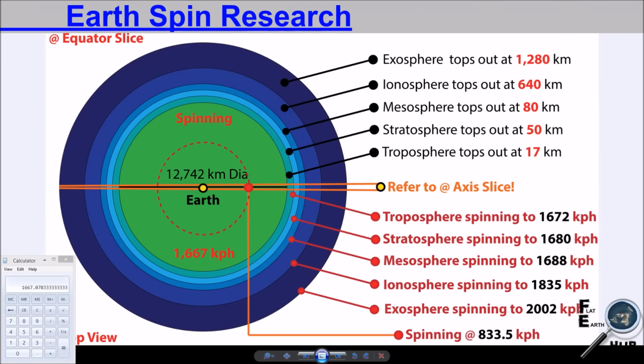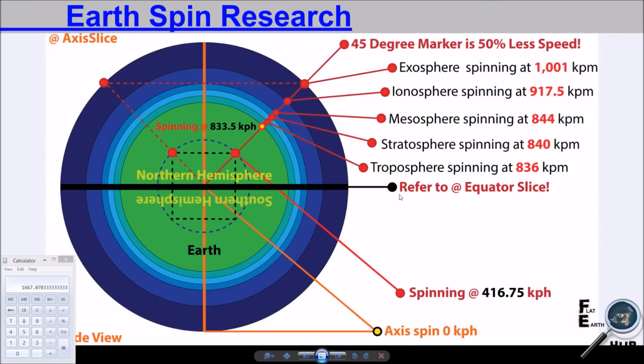It's not much more: we go up 17 kilometers and we're looking at 1,672 kilometers per hour for the troposphere. And you can see here 1680, 1688. As it gets higher, it gets faster, of course, because as they tell us, the atmosphere keeps up with the spin of the Earth. And that's a little hard to believe, but that's why I'm doing this.